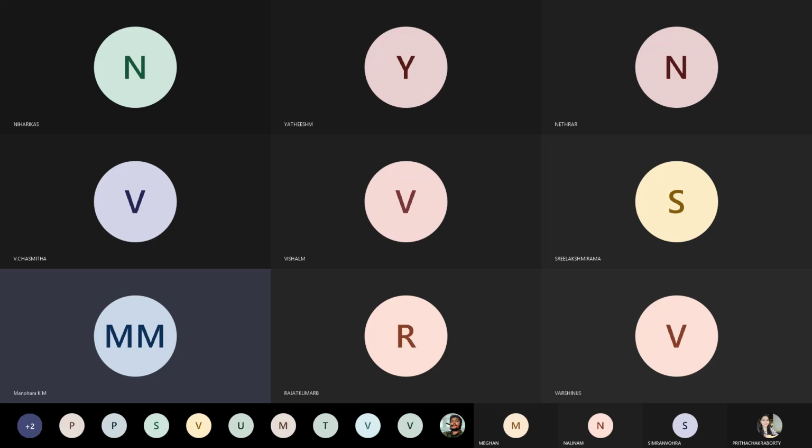RRC functions. So can anyone tell what are the three different modes of RRC entity? Three different modes.